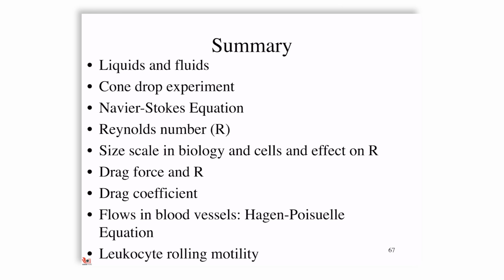We then spoke about the dimensionless constant called the drag coefficient, which is dependent on the shape of the object. And finally, we spoke about the Hagen-Poiseuille equation applied to flows in blood vessels and leukocyte rolling motility as a feature of the response of these cells to inflammation. That's it for now.